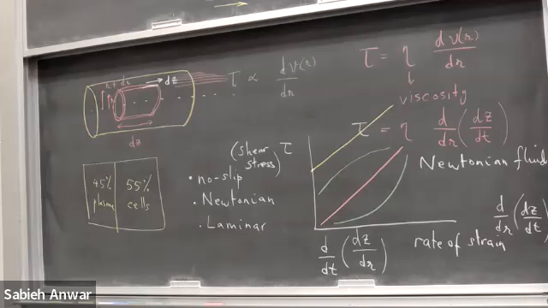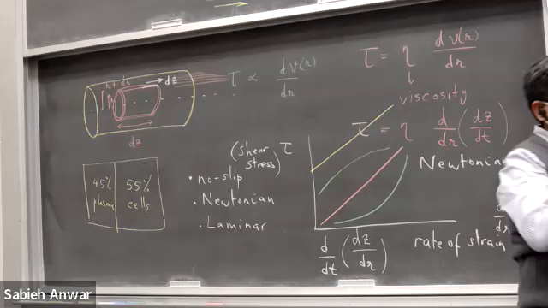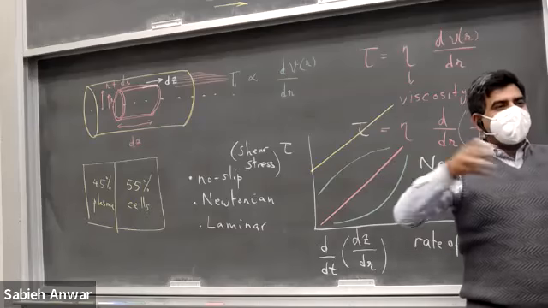And there is some shear stress, let's call it tau, that is trying to make this nice cylinder slightly slanted.